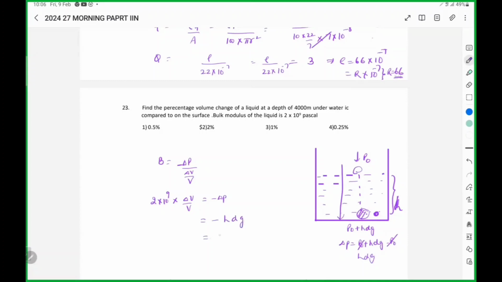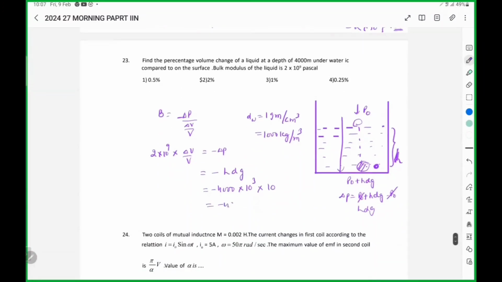H here is 4,000 meters depth. Density of water in MKS is 1000 kg per meter cube. G is 10, which gives 4 into 10 power 7.